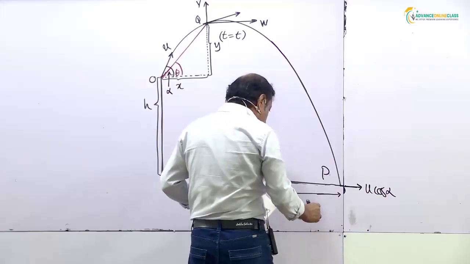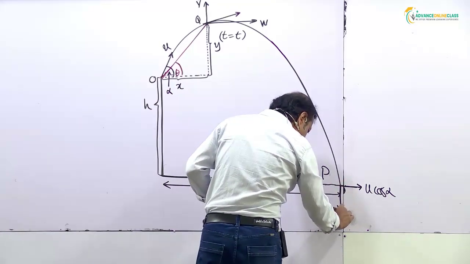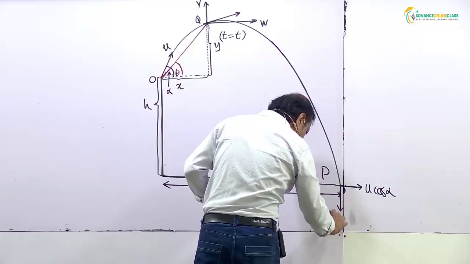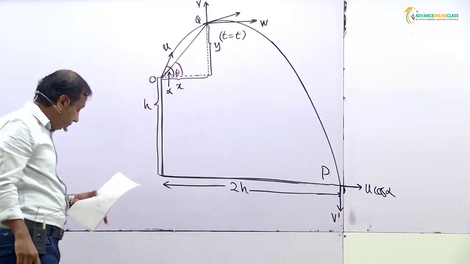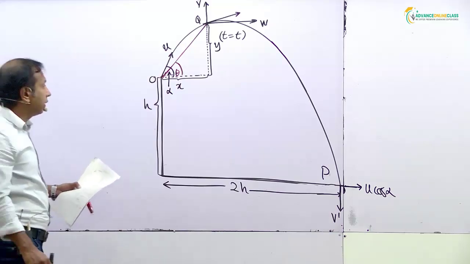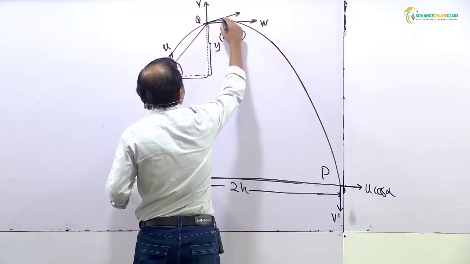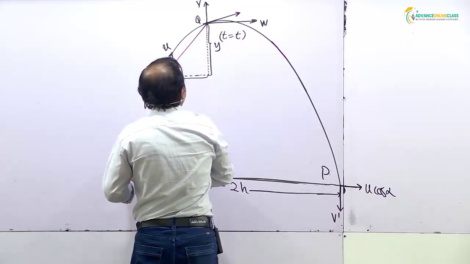I'll take the vertical velocity component as v dash. Then we apply equations of motion. This angle is given as gamma.